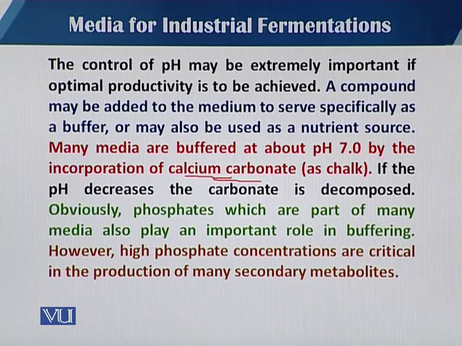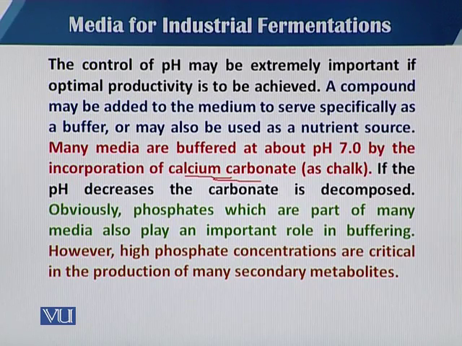On the other hand, most media contain phosphate compounds, and these also act as buffer agents. Common examples are potassium dihydrogen phosphate and dipotassium hydrogen phosphate, which are mostly added as a source of potassium and phosphorus, but they also have buffering capacity in the medium.